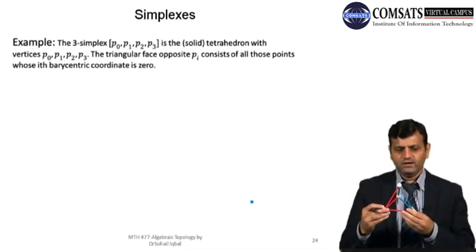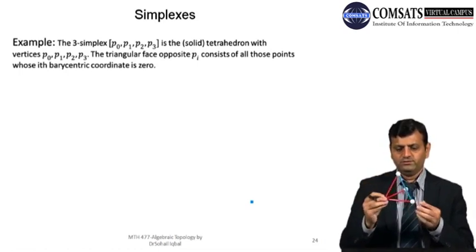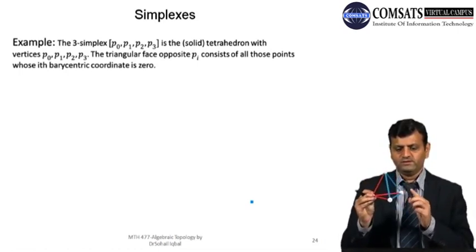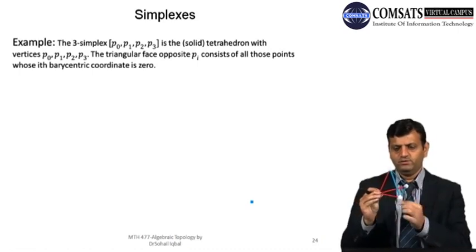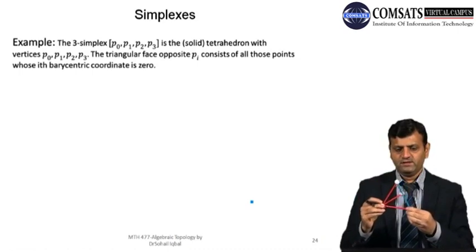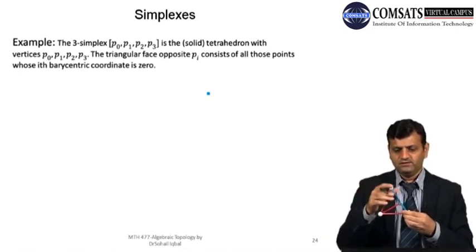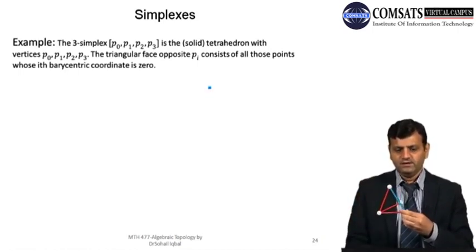So the tetrahedron has faces. For example, these are the points, 1, 2, 3, 4. So let's say P0, P1, P2 and P3. These 4 points generate this convex set, and each and every point of this solid tetrahedron will be of the form a0 P0 plus a1 P1 plus a2 P2 plus a3 P3.